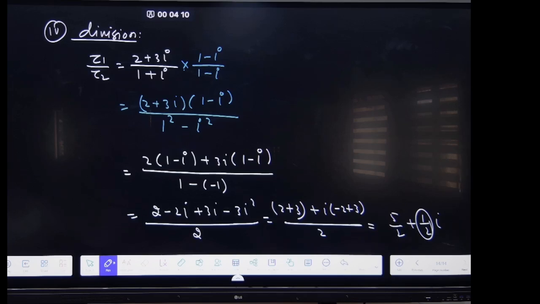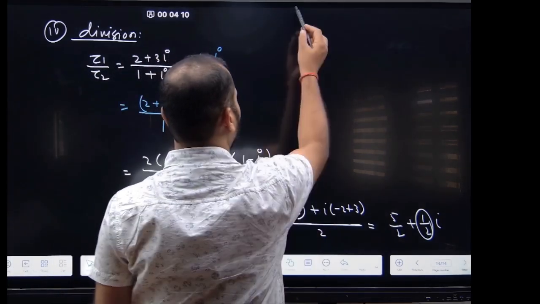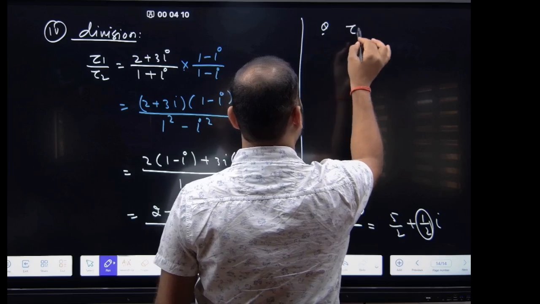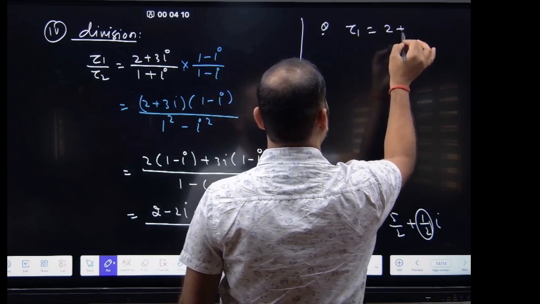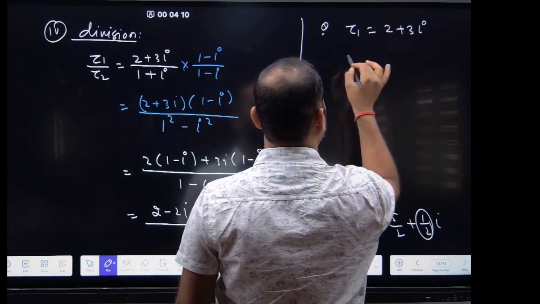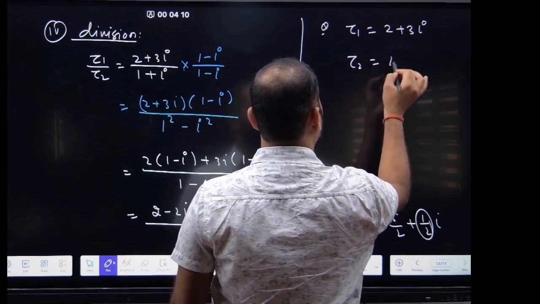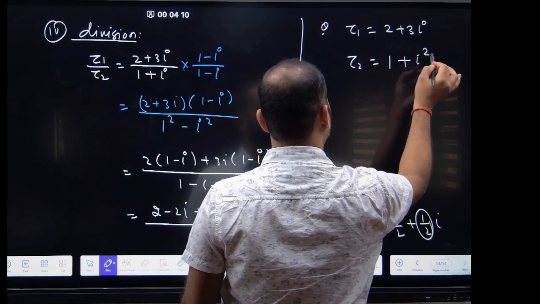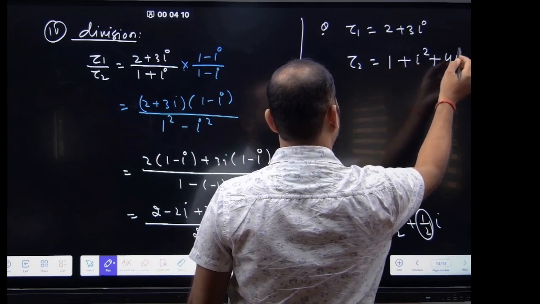Understood? Okay, fine. So today we will not be able to complete. Tomorrow I will complete this part, from here I will start. So I am giving you some homework. Write it down. What you have to do is divide these complex numbers. Z1 is 2 plus 3 iota, and Z2 is 1 plus i square plus 4i.